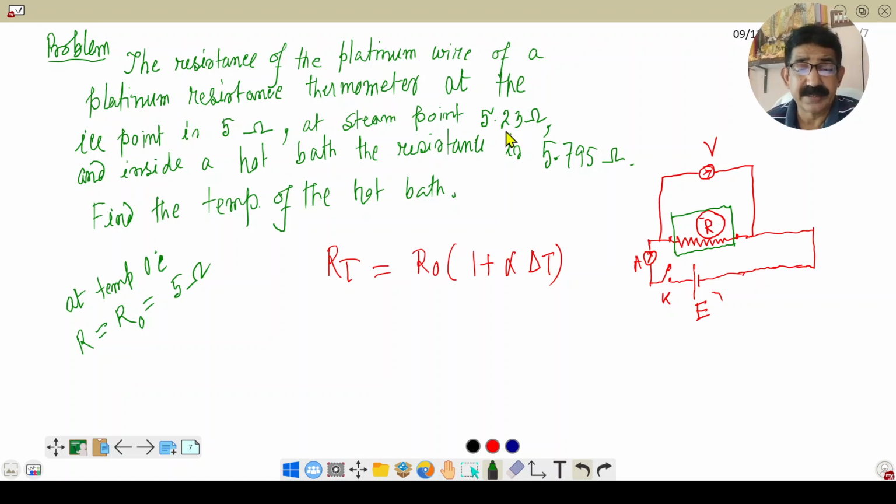At steam point, the chamber is filled with steam, that means 100 degree centigrade temperature. At steam point, resistance is R100, which is equal to 5.23 ohm.